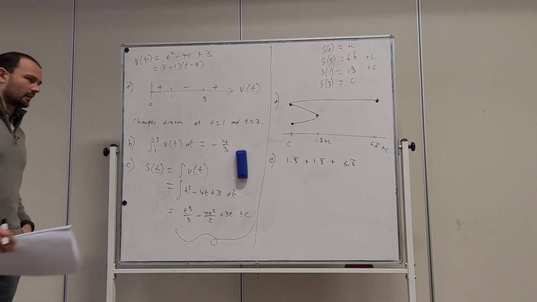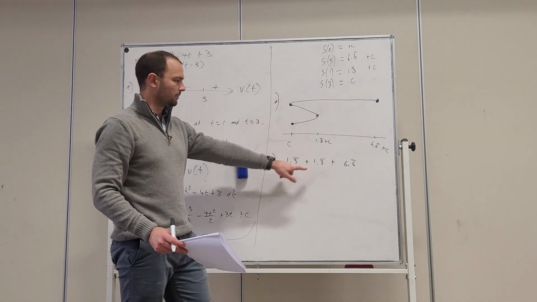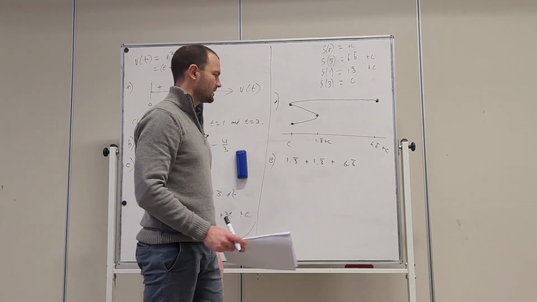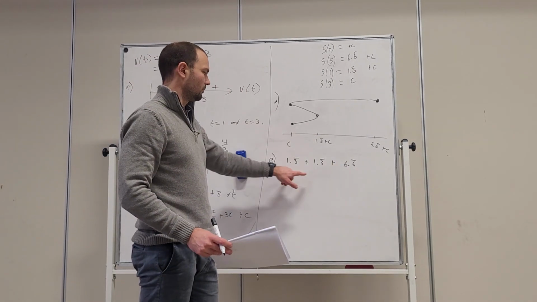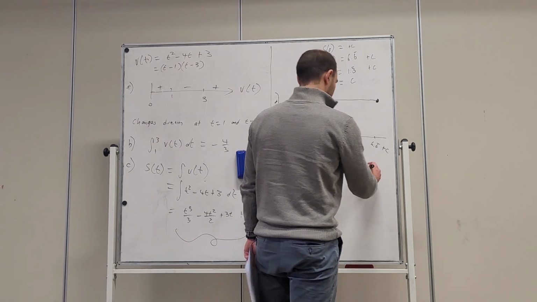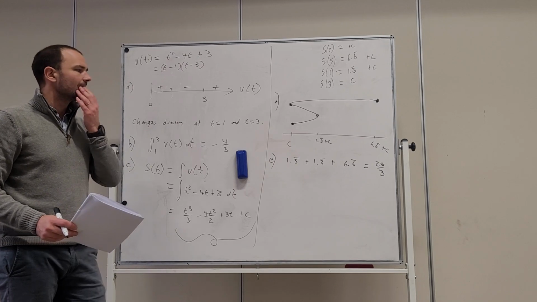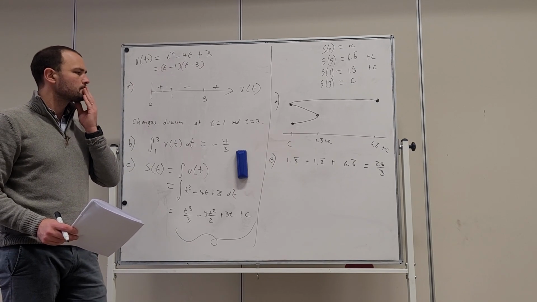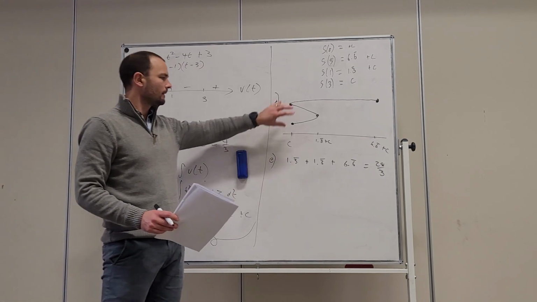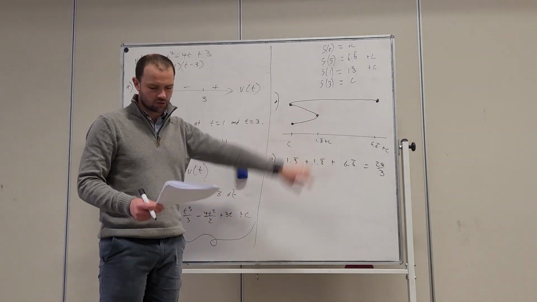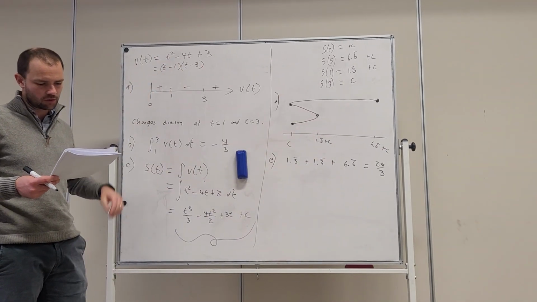And we can chuck that in our calculator. So it's 4 on 3 plus 4 on 3 plus 20 on 3. What's that? 28 on 3. Yeah, I'm happy with that. Okay, so that's one way we can do it. All right, and that's the purpose of the motion diagram.